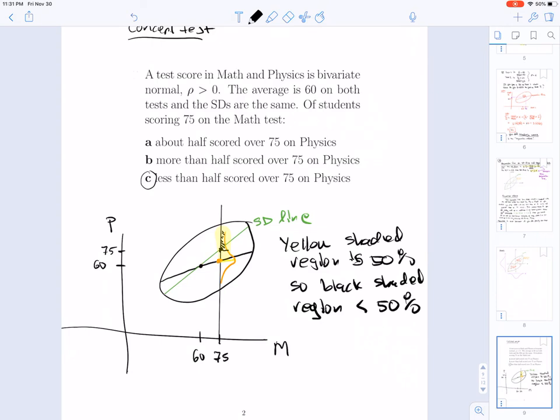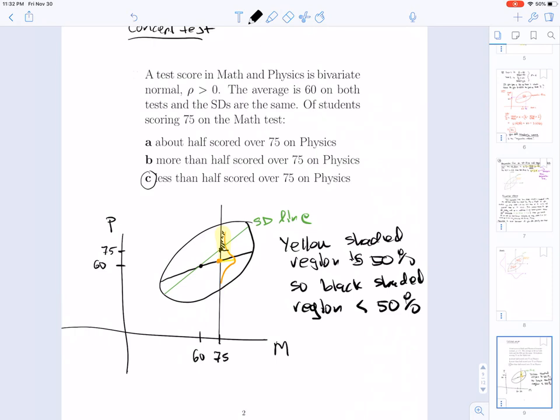we know that the distribution of physics scores is normal, and it'll be centered at the height of the regression line for that x value. So getting more than that value will be 50%. So the area under the curve in yellow is 50%.